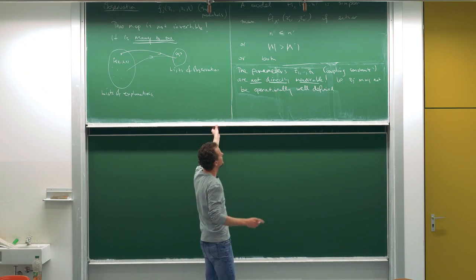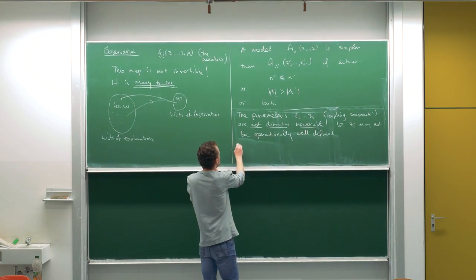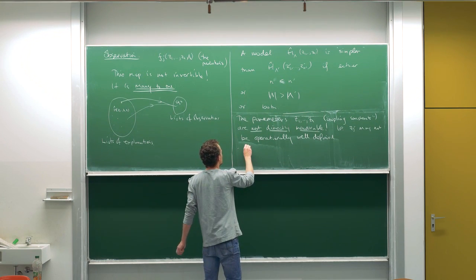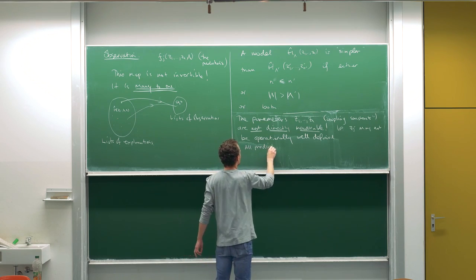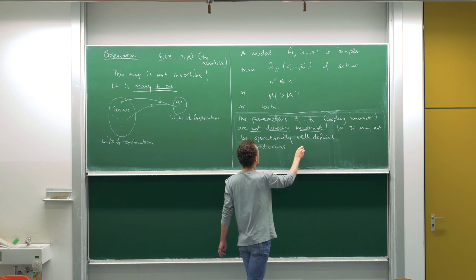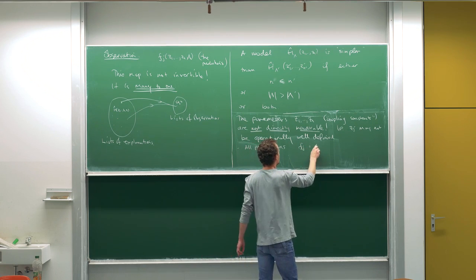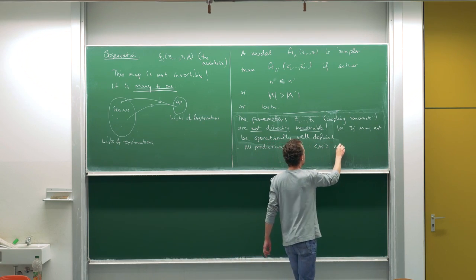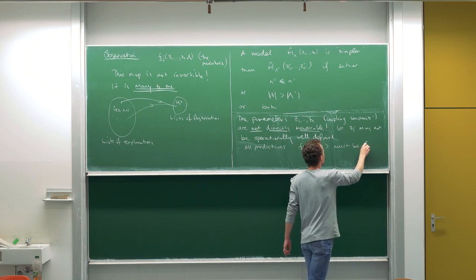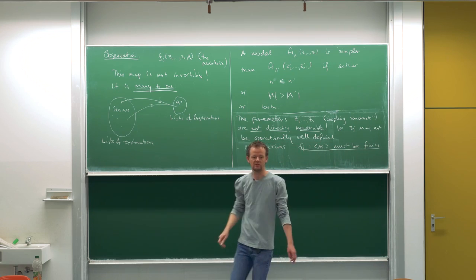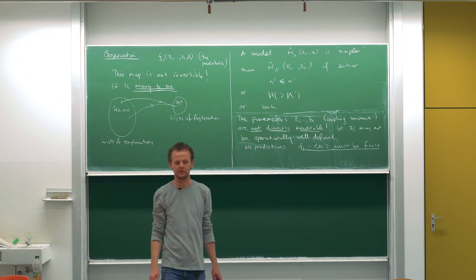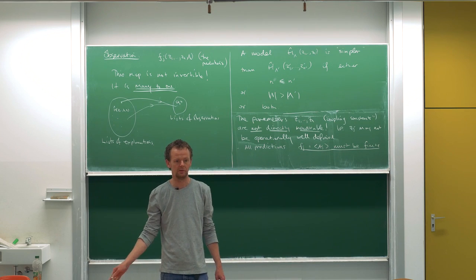Let me summarize two points before I get to that. Okay, sort of trivial observation number 1: all predictions must be finite, otherwise your model is already dead and rejected.